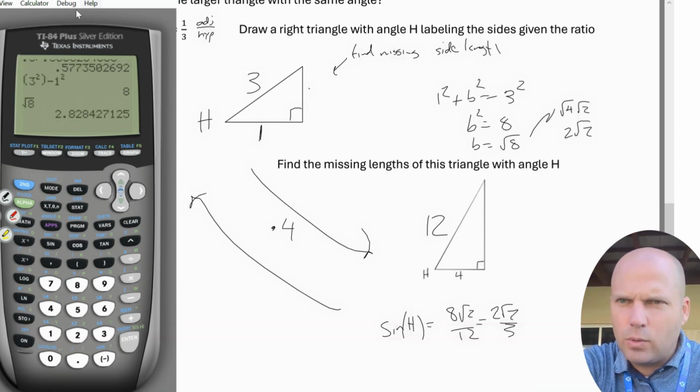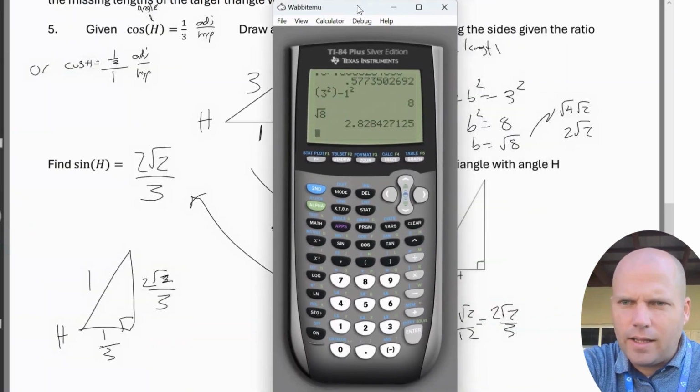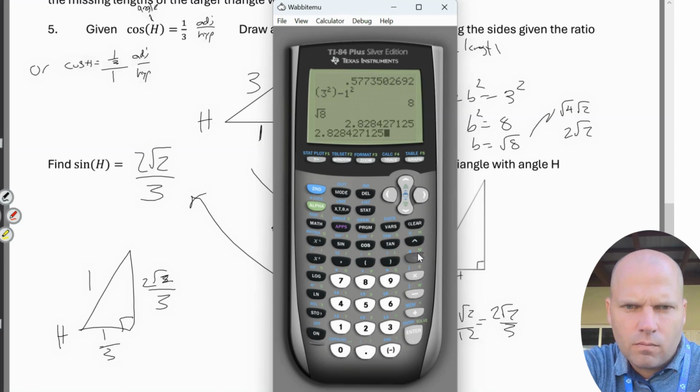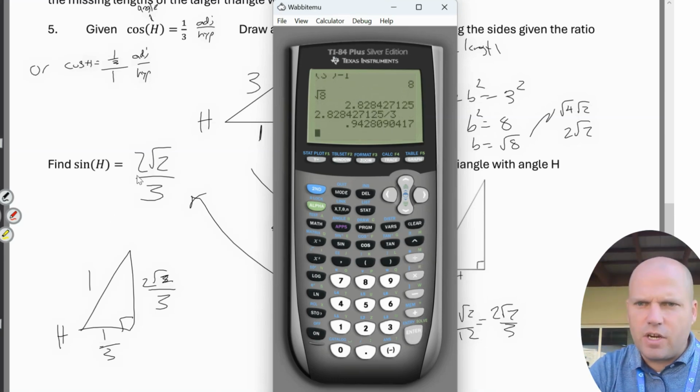And you said, I like to use my calculator, root 8 over 3. That was your ratio. That just shows you that this is 0.942 in that triangle.